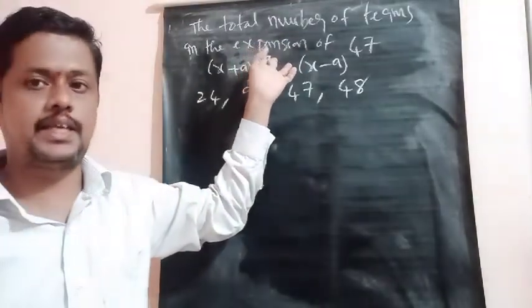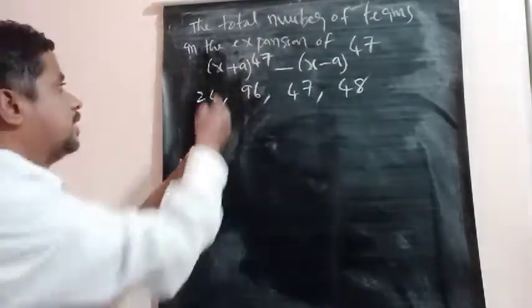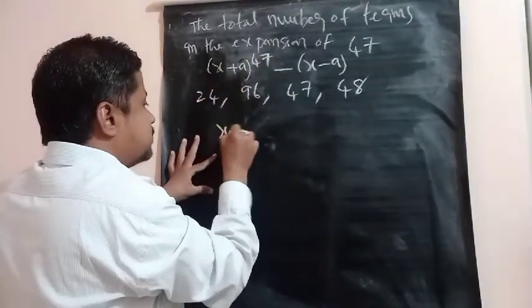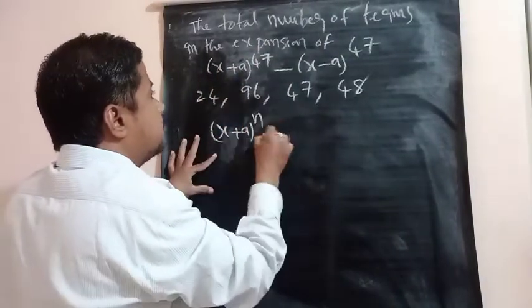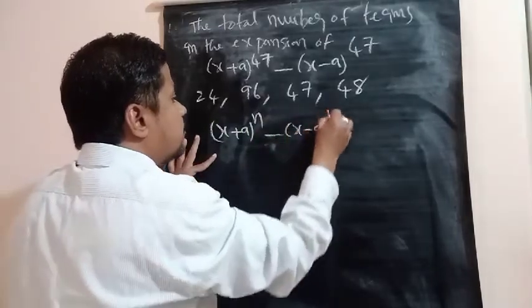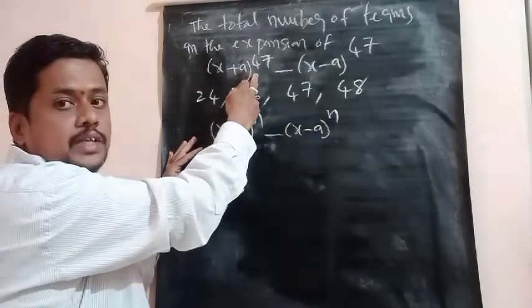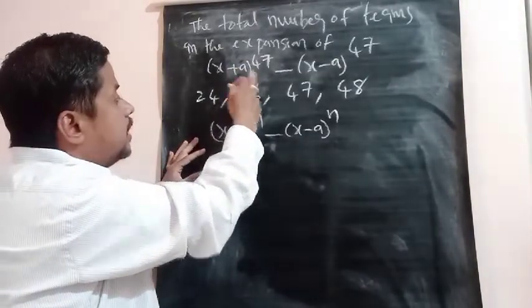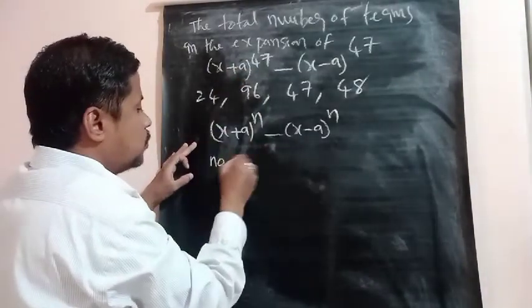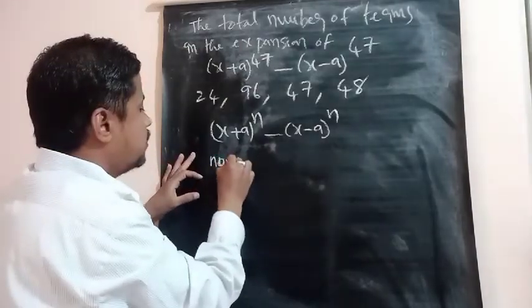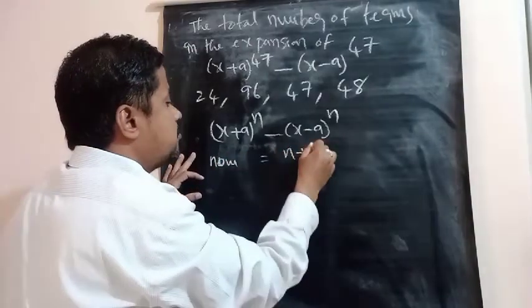One easy technique is there. The expansion is like this: (x plus a) to the power of n minus (x minus a) to the power of n. If n is odd, and here n is odd, since 47 is odd, the number of total terms is equal to (n plus 1) divided by 2.